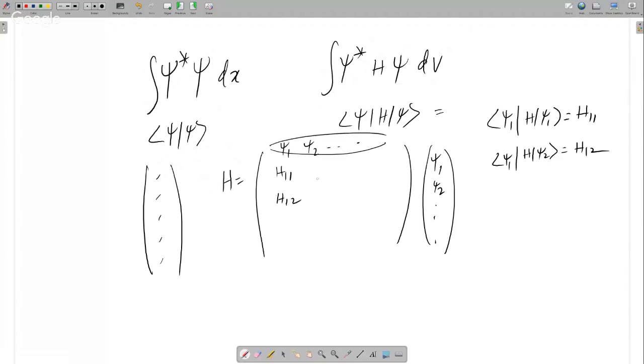H21 and H12 are the same if it's a Hermitian operator. So basically, it's a parallel formalism, and it conveys the same meaning. The matrix mechanics is a little more modern, but both are tools which have developed quantum mechanics in a very systematic manner.